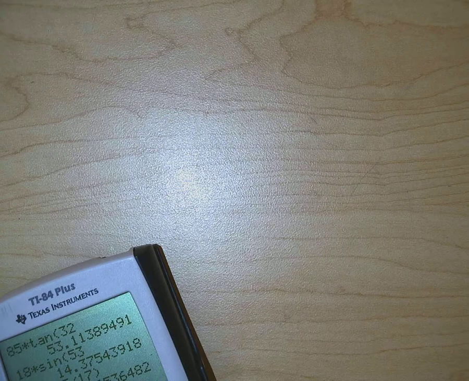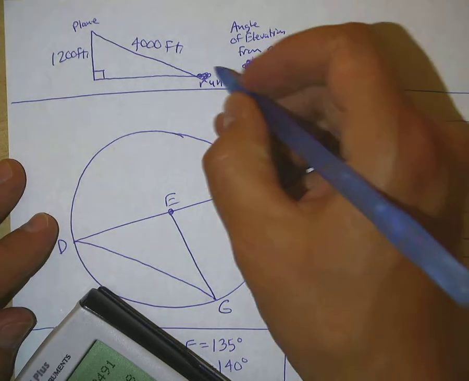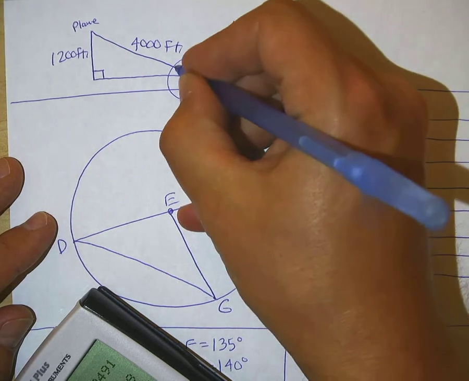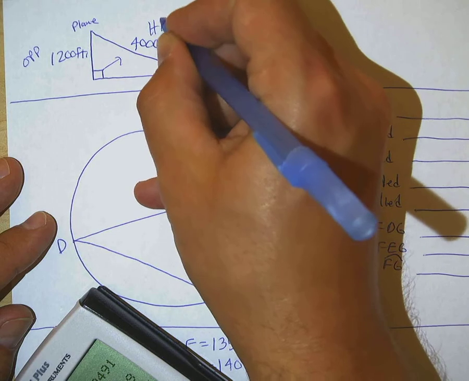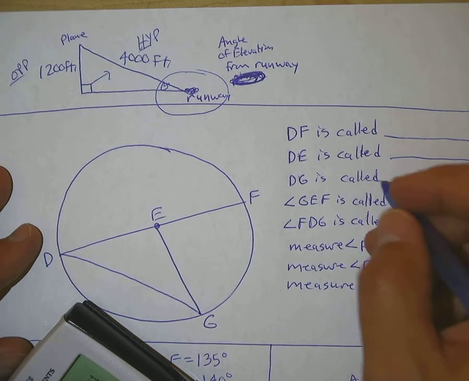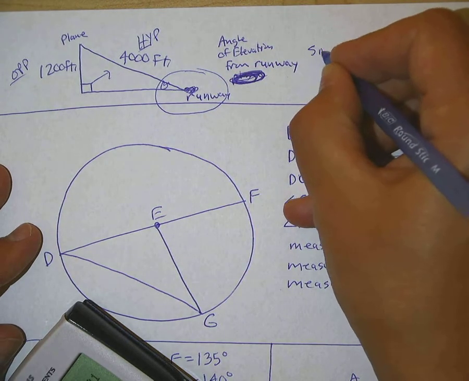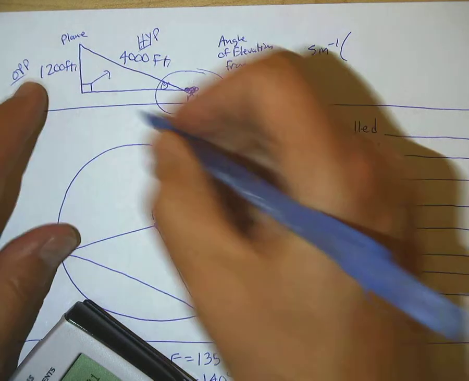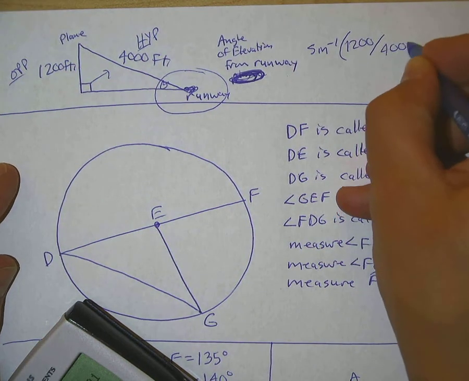All right, let's keep it rolling. Next one. Here we want to find the angle of elevation from the runway. This is our theta. This is opposite. This is hypotenuse. So we have an O and H, that's sine, but again, this is another one where I'm solving for the angle, so I have to use the inverse sine. So sine to the -1 of O over H, 1200 divided by 4000.